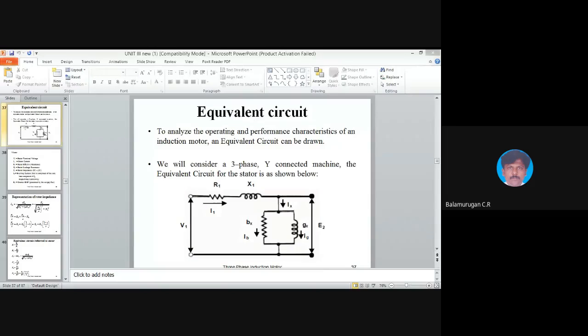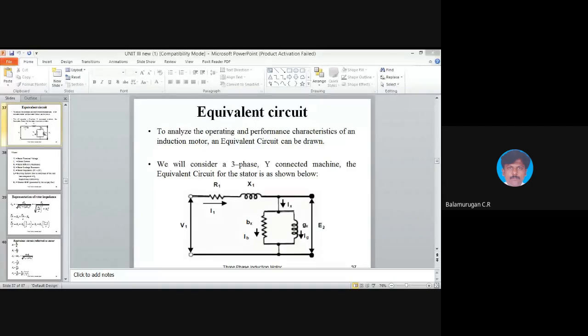You know the formula for the copper loss is I squared R. This is three phase, so we'll have 3 I2 double dash squared into R2 dash. Here everything we are writing with respect to the rotor, so on the rotor side we use I2 squared R, that is I2 double dash and R2 dash, into 3. So this is the power input to the rotor, and this is the rotor copper loss.